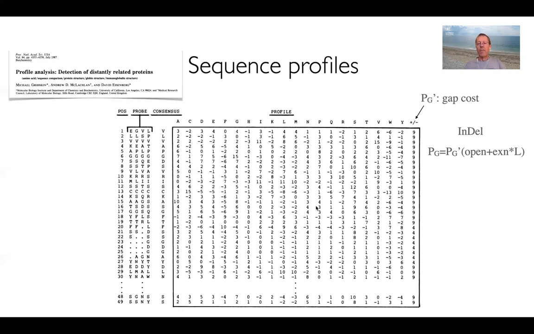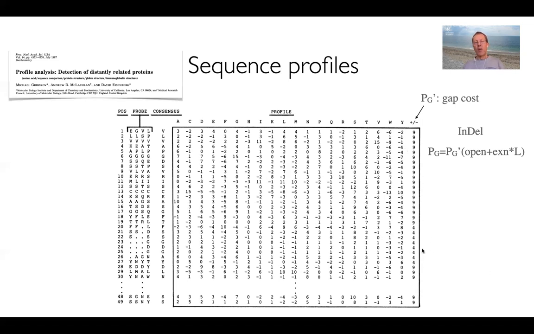So what this allows you to do now is, if you have a new sequence and you want to match it to the profile and get an optimal score or an optimal alignment to the profile, you can essentially do what you do when you align two sequences, only now you align one sequence against a profile rather than a single sequence. But you can use the same kind of dynamic programming to allow for gaps that would improve the overall alignment between your sequence and the profile.